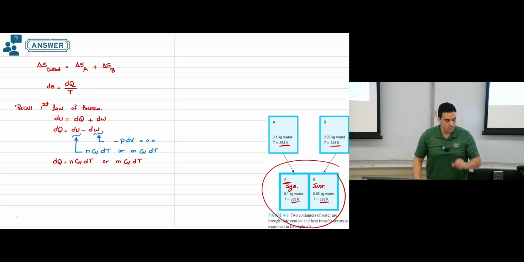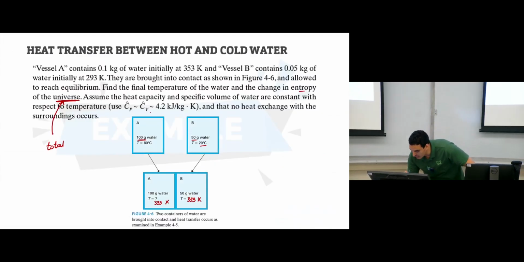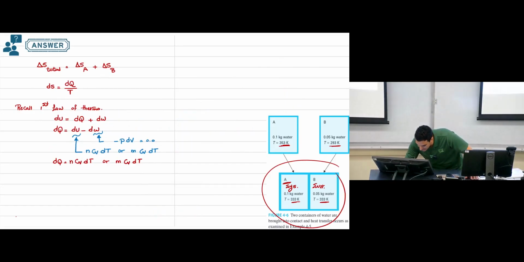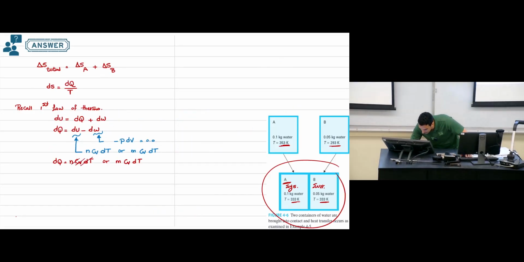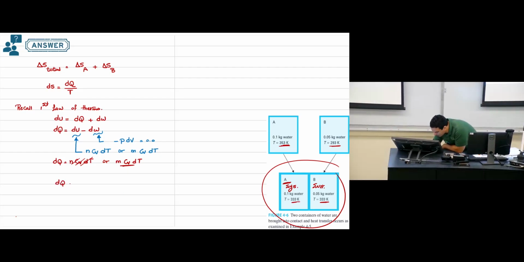Okay. So which one of them will you consider? Get back to the problem. Here in the problem, Cv and Cp are given as 4.2 kilojoule per kilogram, which is mass-based. So we will cancel the n and take the mass-based equation. So we can say dq is m Cv dT.